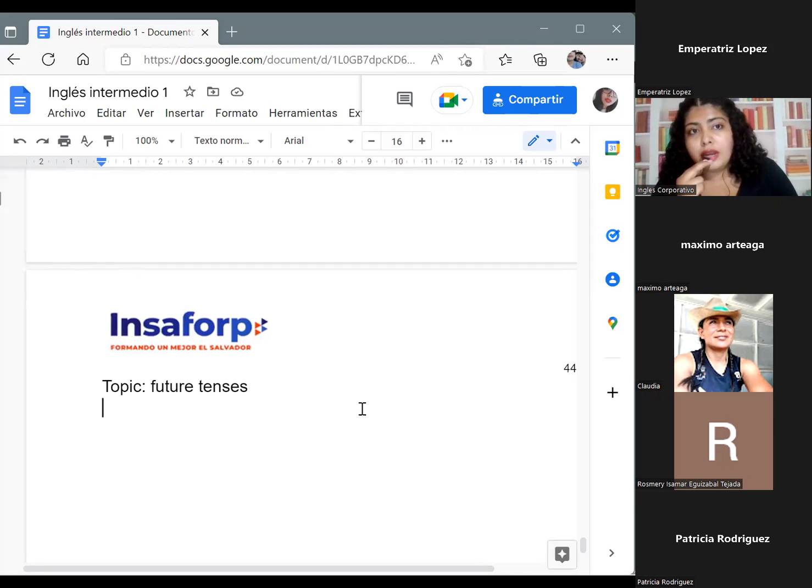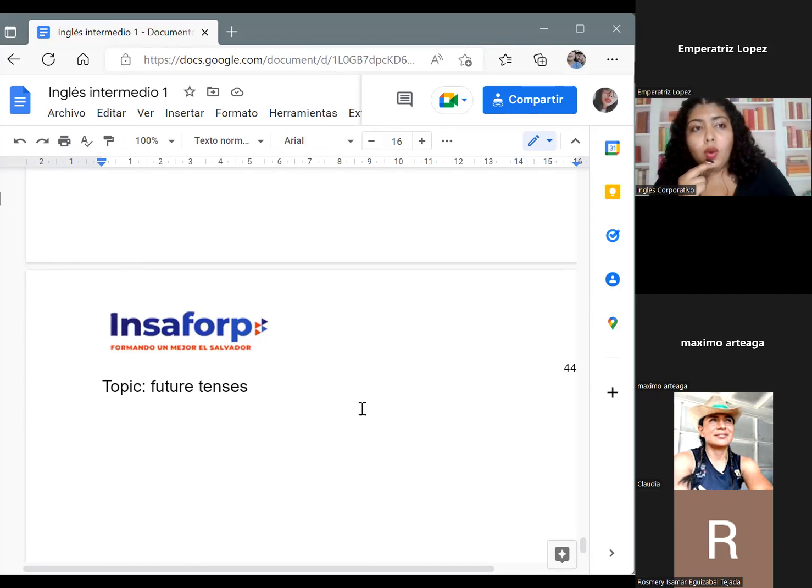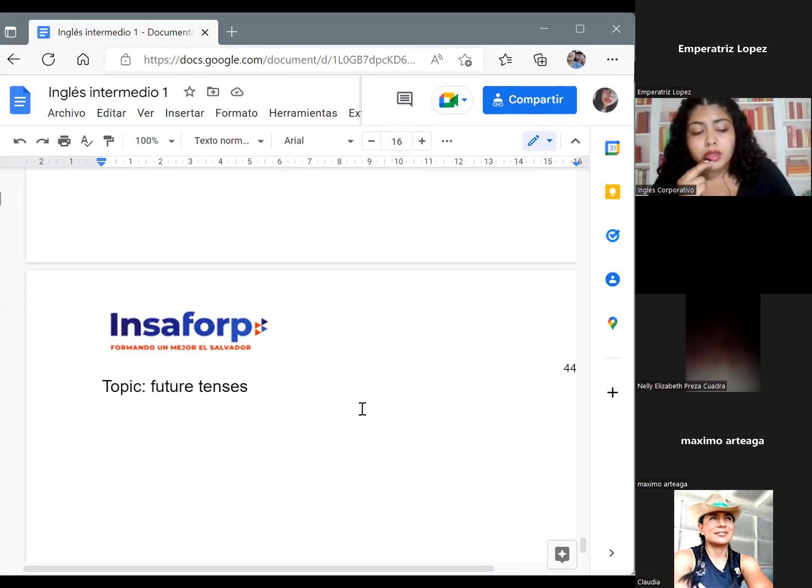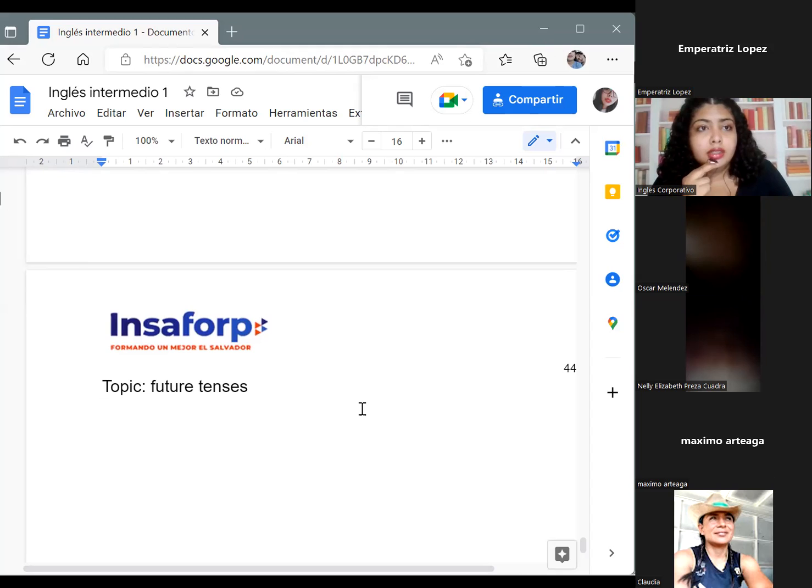So the first thing that I'm going to do is to write the elements or the things that we need to learn about the simple future. And then we are going to begin with the structure. In this case, we are going to use will because it's the most used auxiliary.